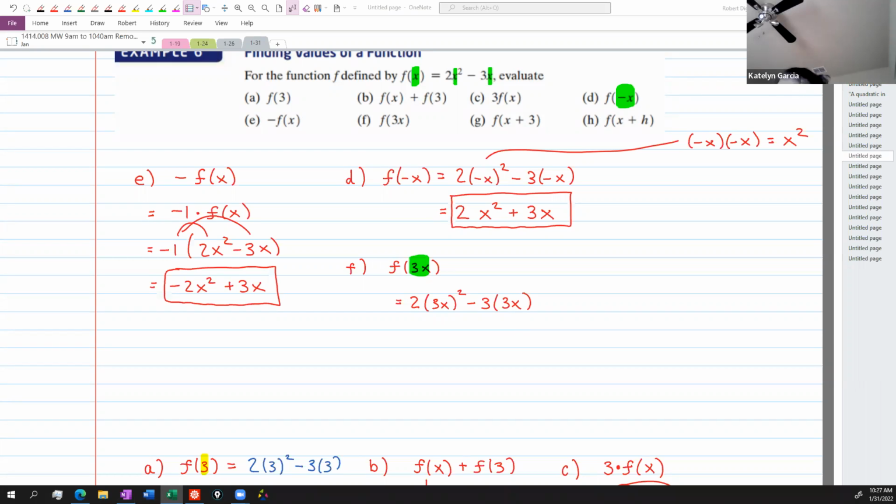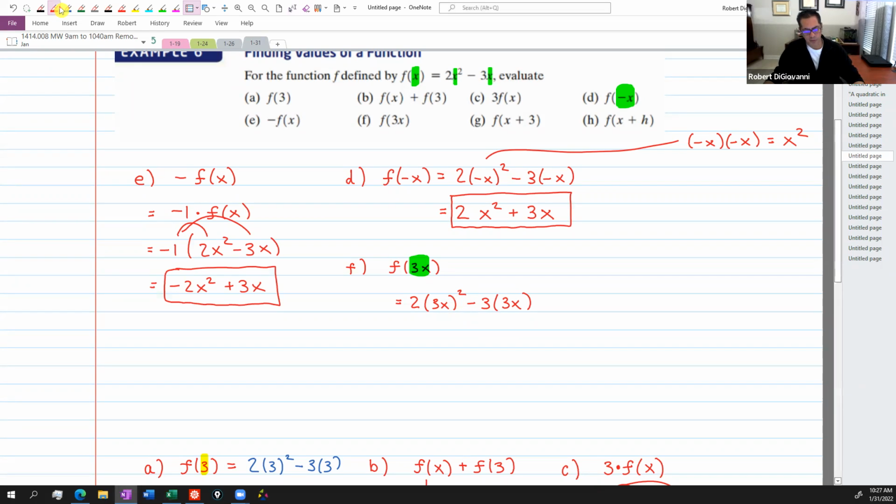It's good. Good. So on F here, can you tell me what this becomes? How do you feel about this? Square the 3x. So what's 3x times 3x? 9x squared. Yep, 9x squared. So I'm gonna put 2 times 9x squared.